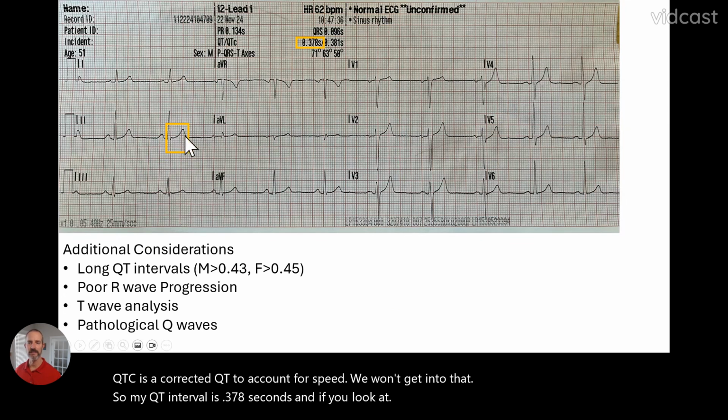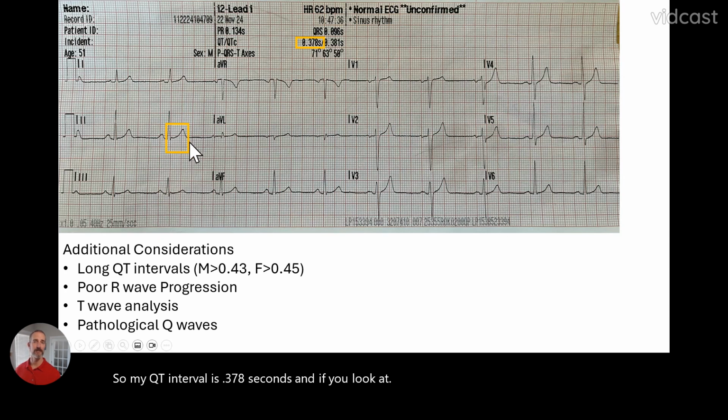And if you look at the distance here from the beginning of the QRS complex to the end of the T wave, it looks like it's 9.5 boxes in width, 9.5 times 0.04, and you get 0.38, which is very close to this. Okay, so normal for males, the QT interval, you want to be less than or equal to 0.43.